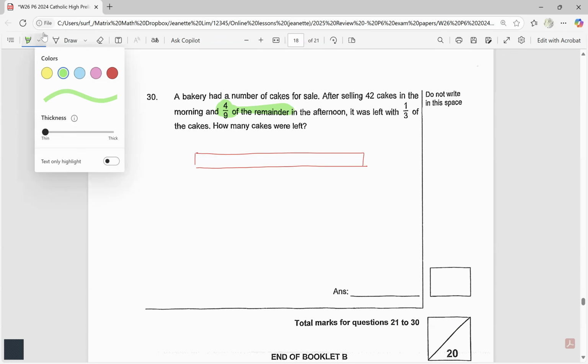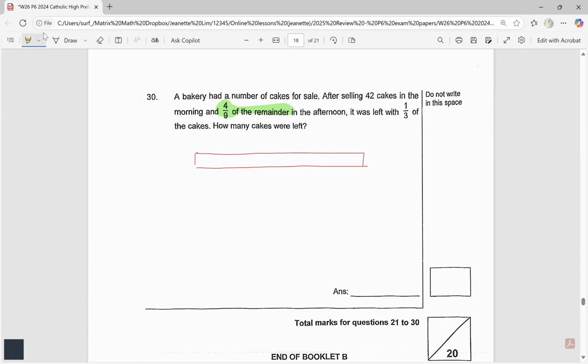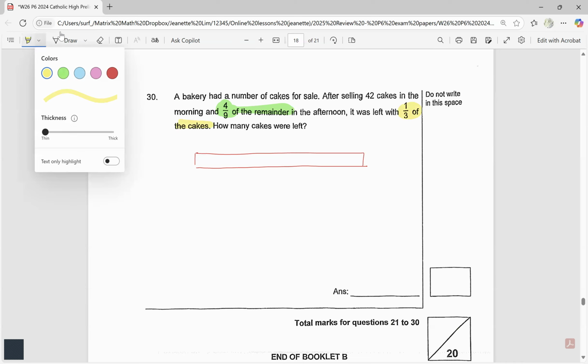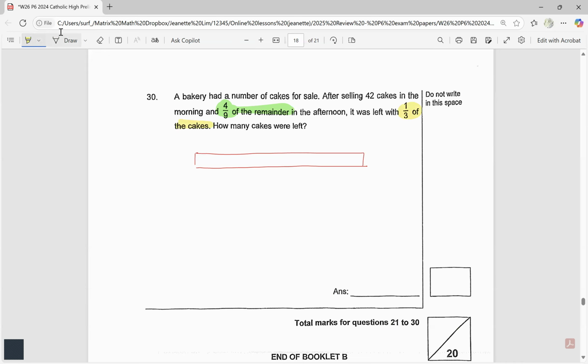Then at the end, we have 1/3 of the cakes, which means 1/3 of the total. These two fractions, you cannot combine them. Okay, so firstly, you have 42. This is for morning.